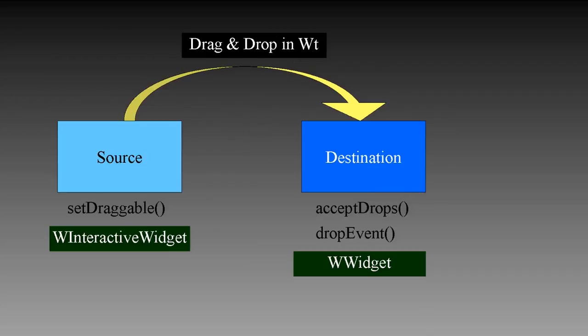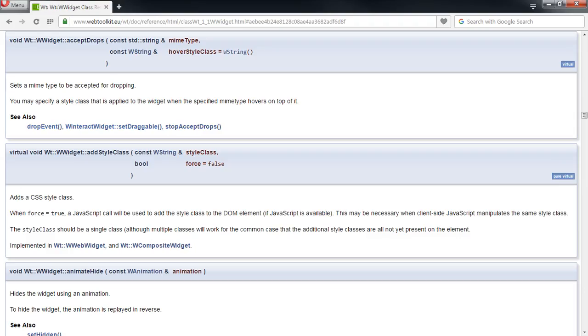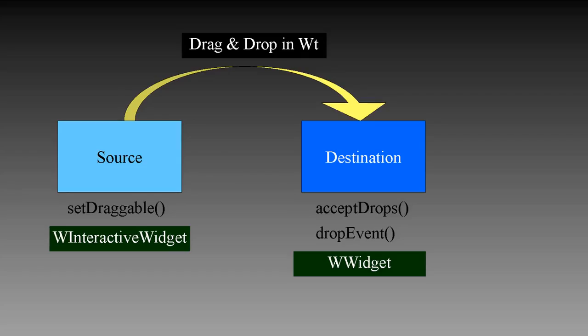And then if you look at, let's go back to the definition. Of course, like I just said, it has a mime type. So basically it's saying, if you define this mime type, those are the types that this destination widget can accept. So I hope I'm making that very clear.